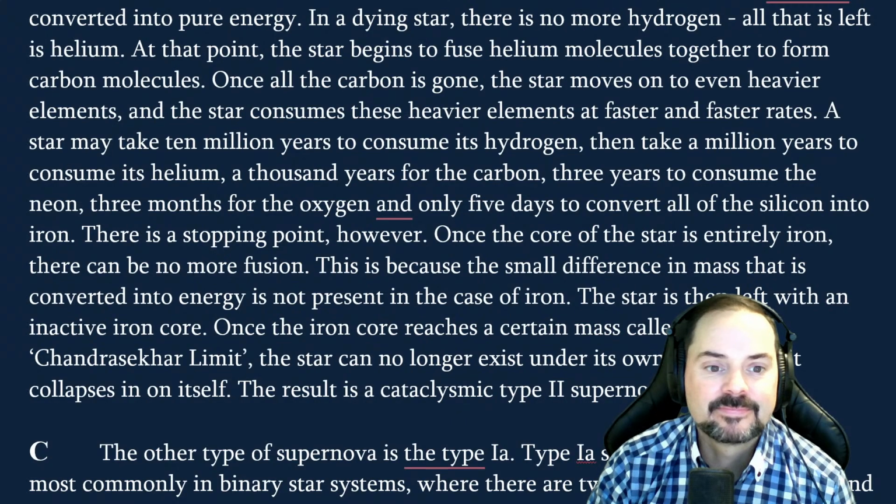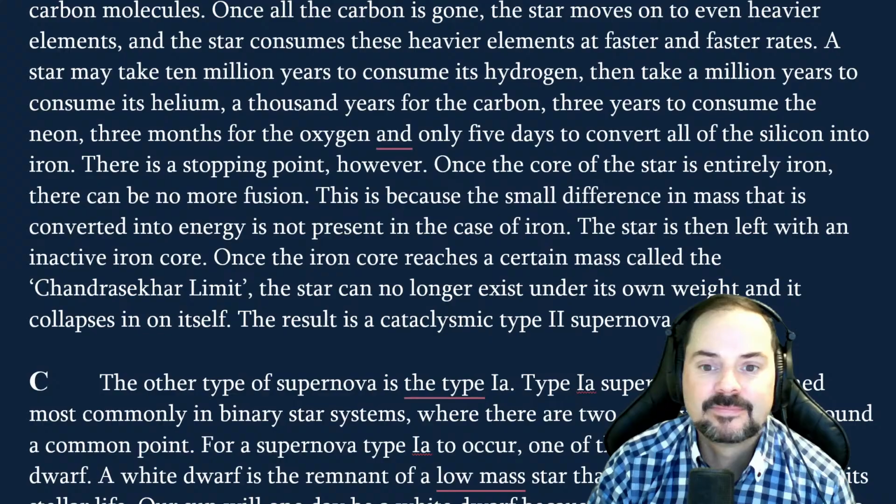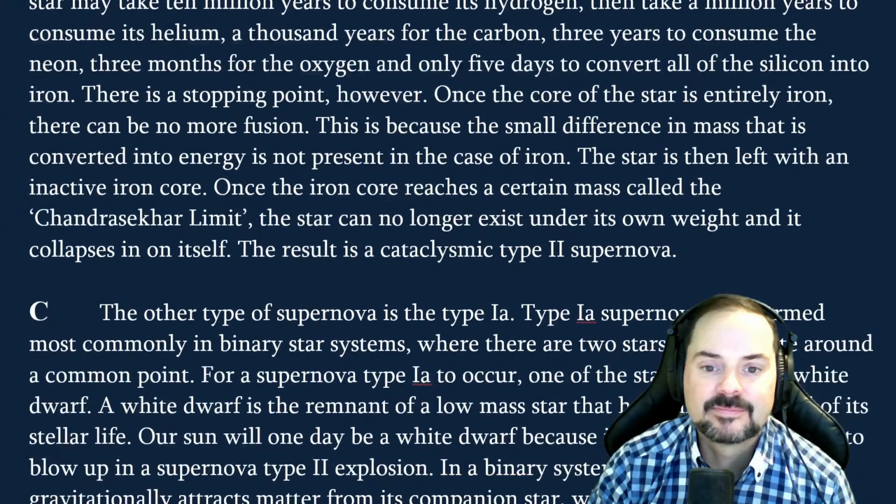A star may take 10 million years to consume its hydrogen, then take a million years to consume its helium, 1,000 years for the carbon, 3 years to consume the neon, 3 months for the oxygen, and only 5 days to convert all of the silicon into iron. There is a stopping point, however. Once the core of the star is entirely iron, there can be no more fusion.